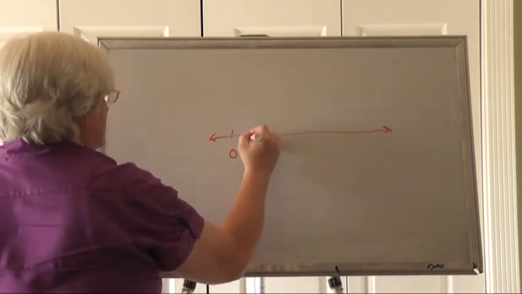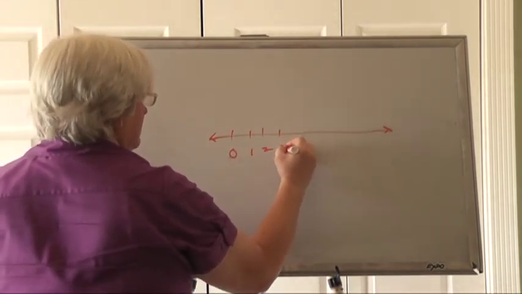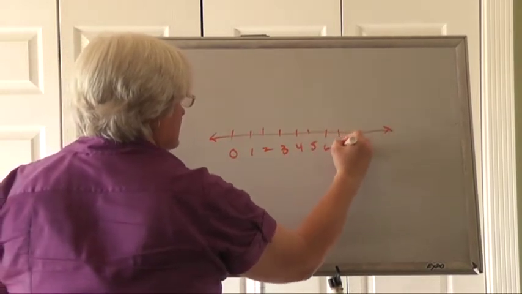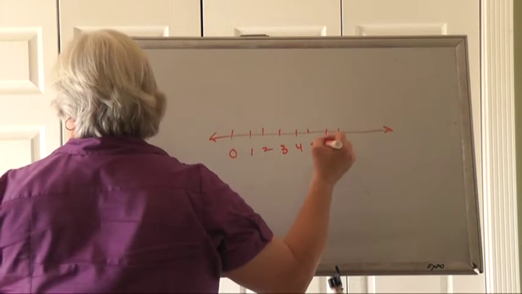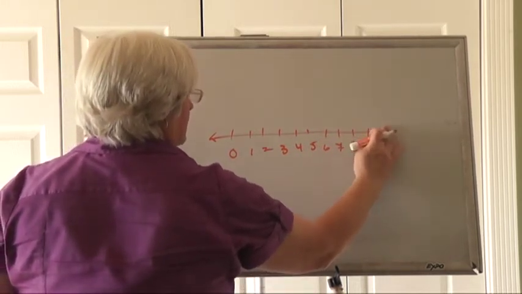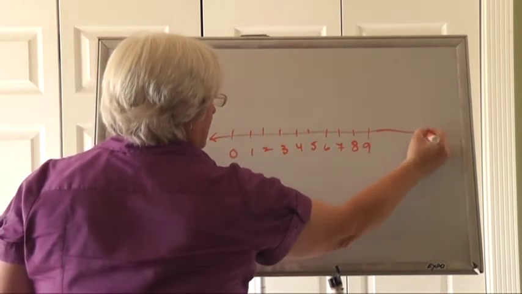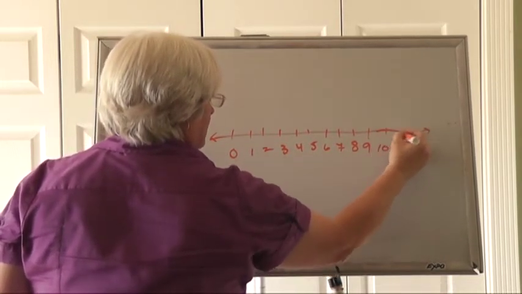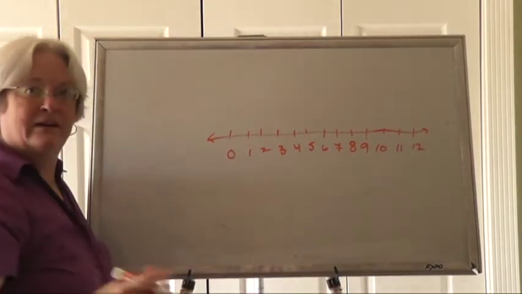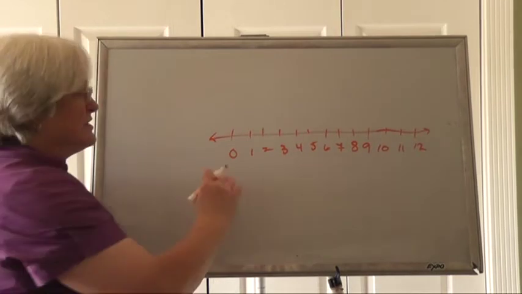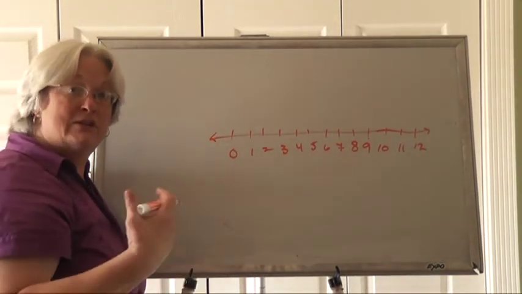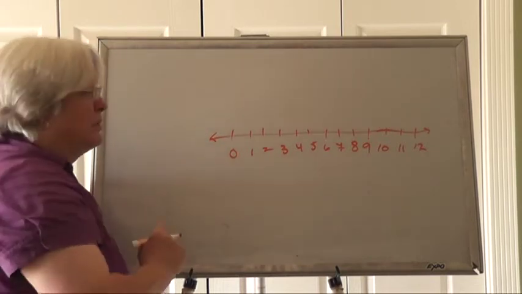And they did 0, 1, 2, 3, 4, 5, 6, 7, 8, 9, 10, 11, 12. And I do want you to notice, as I'm sure you have, this is not a nice, neat line, but just for purposes of teaching and explaining, you should be able to see exactly what's going on.